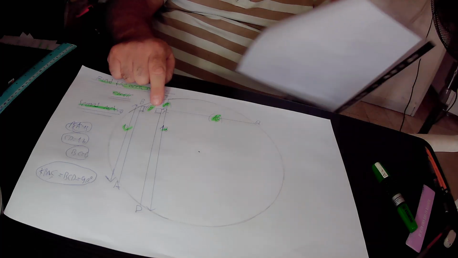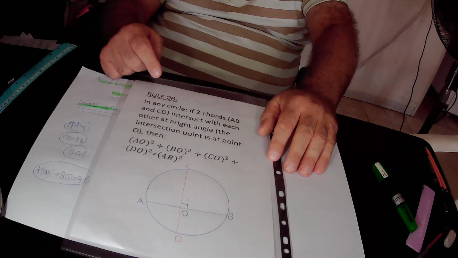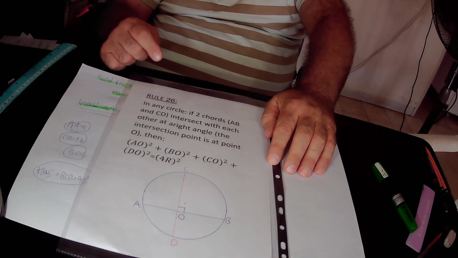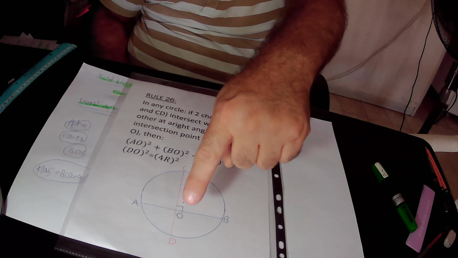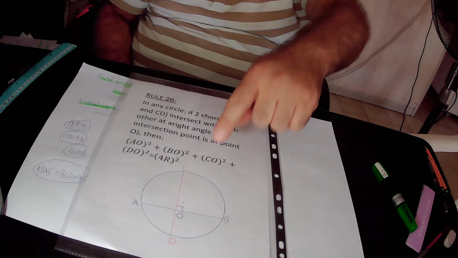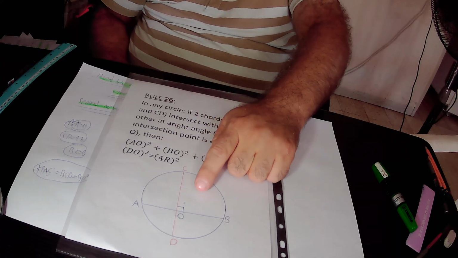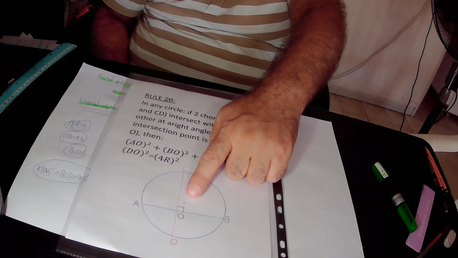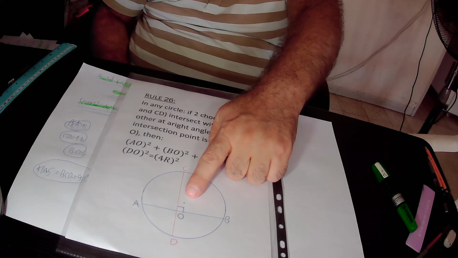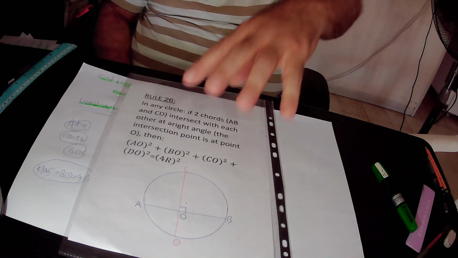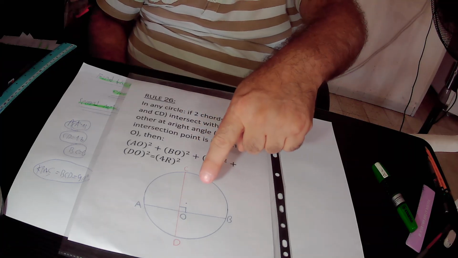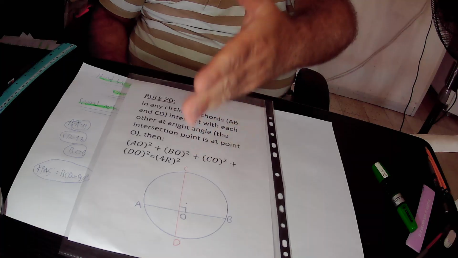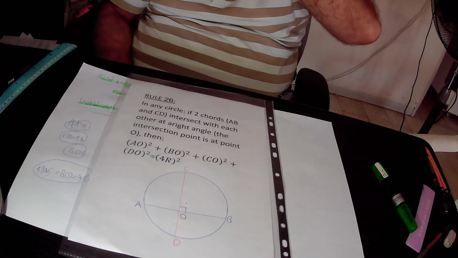According to rule 26, in any circle, if chord AB intersects with chord CD at point O at 90 degrees, that is to say at point O they create with each other 90 degrees, then the following equation is true: AO squared plus OB squared plus CO squared plus OD squared equals 4R squared, where R is the radius of the circle.